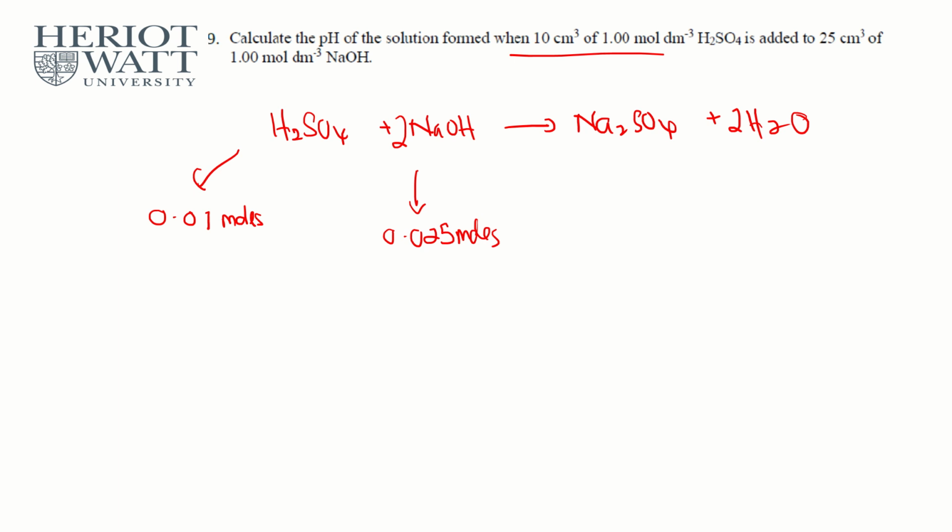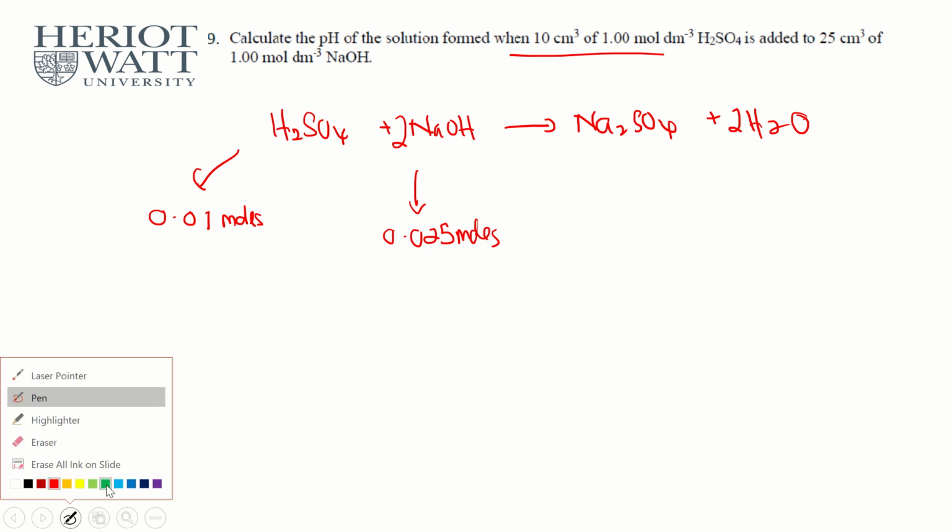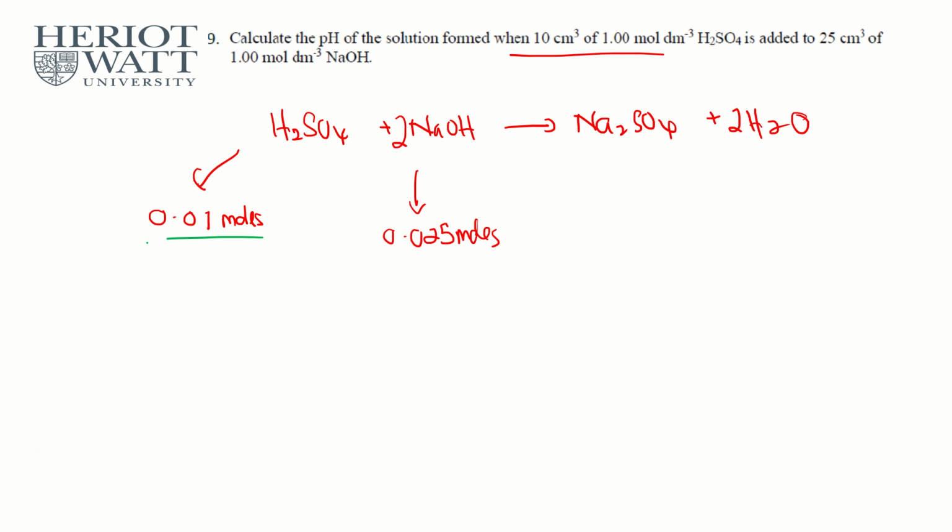Right? So from here, as usual, what next? Limiting reagent and excess. Which one is limiting, which one is in excess? Let's check it out. Let's do this again, take it as a revision. So I have 0.01 mole of H2SO4. How many moles of NaOH are required to completely react with it?